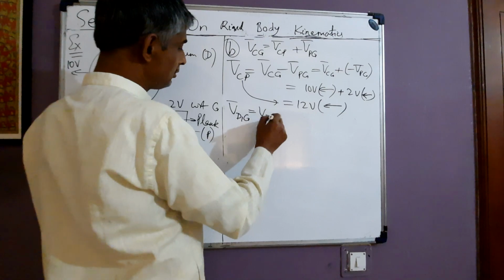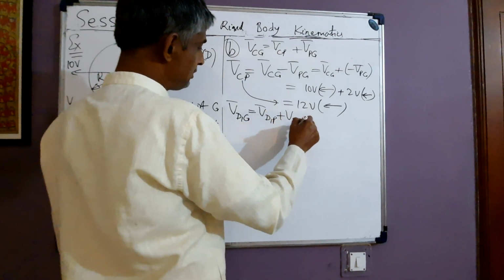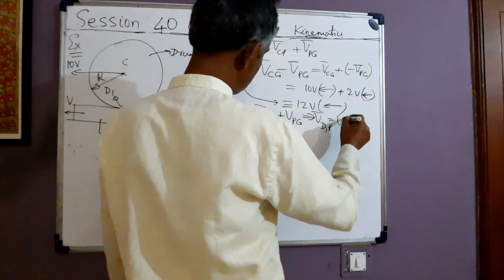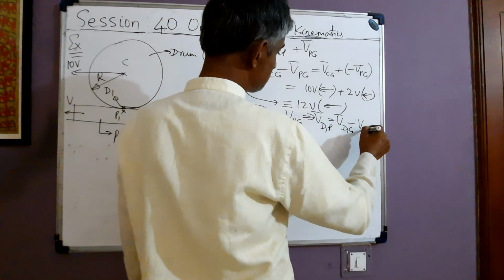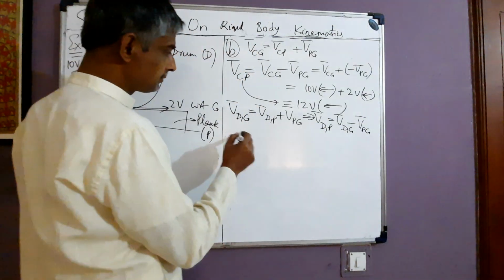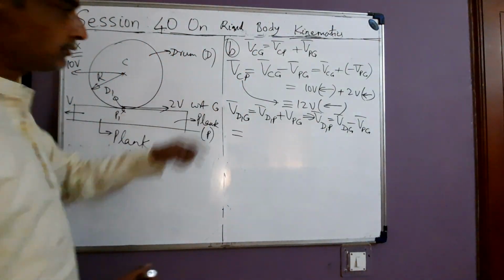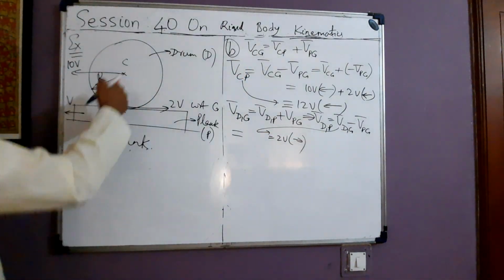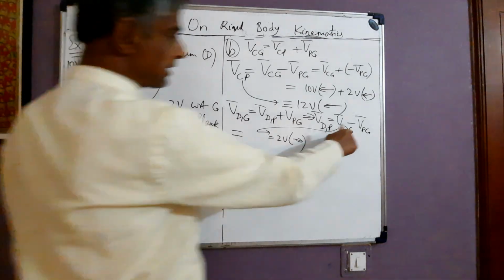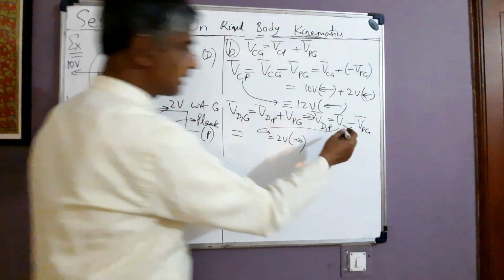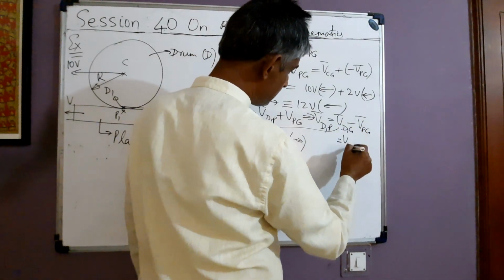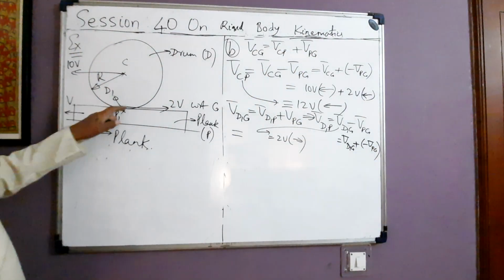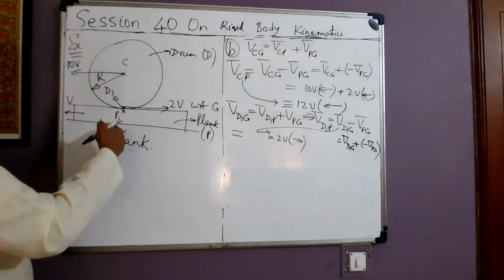So we write VD1G is equal to VD1P plus VPG. This means VD1P is equal to VD1G minus VPG. Now VD1G is 2V rightward and VPG is V left.